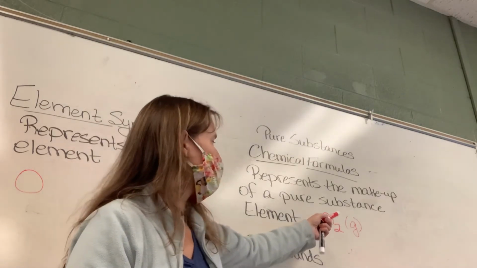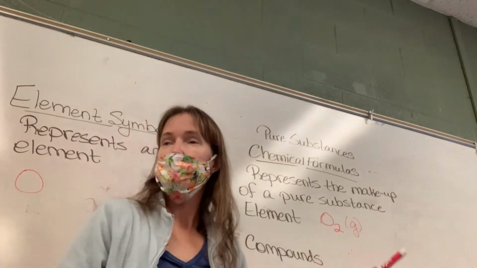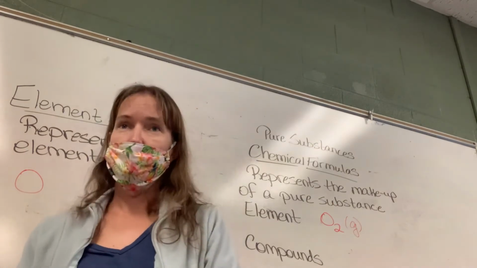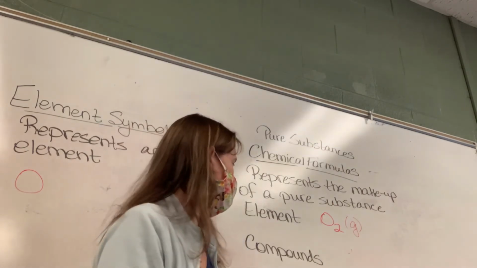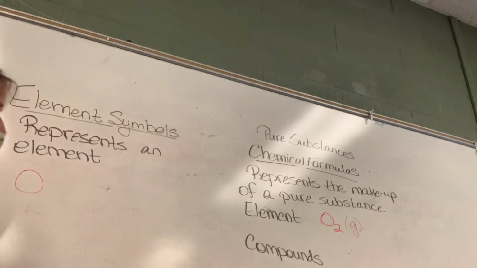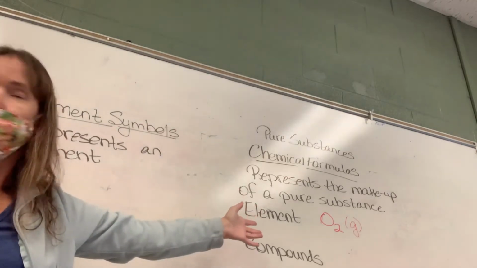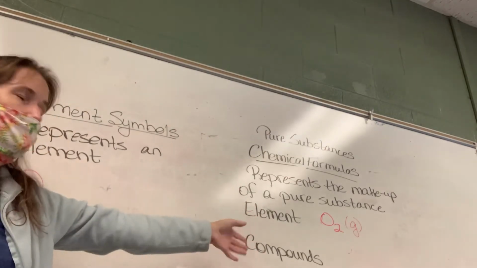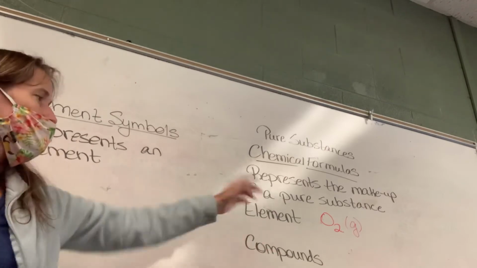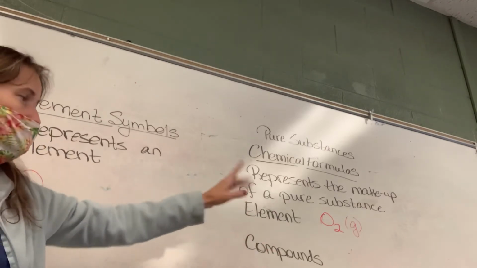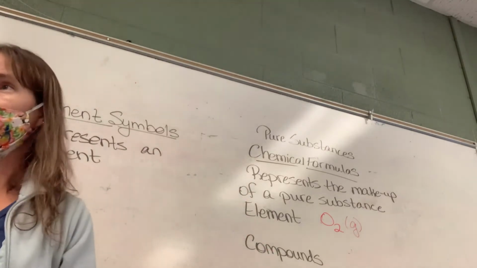And that means that you have two of that element, two atoms of that element. So you got two oxygen atoms. You can also have compounds that have oxygen represented, and you would see the symbol O. And so the symbol just lets you recognize what element it is, or if that element is in a compound. But oxygen in O2 is different than oxygen in compounds.